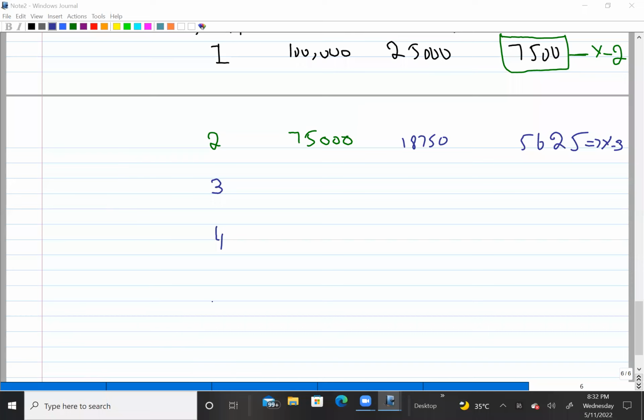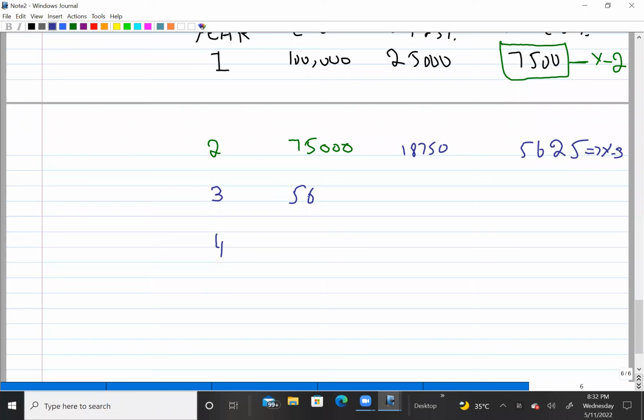Okay. So the carrying value for year 3 will be 56,250, and 25% of it is 14,062.